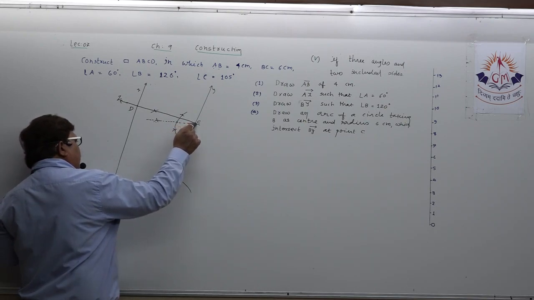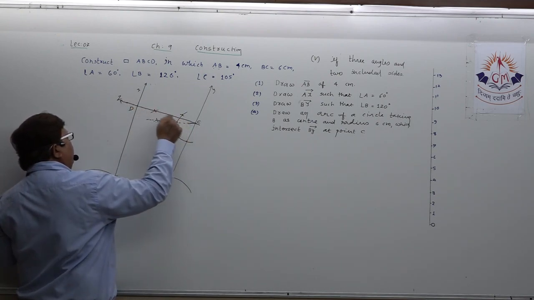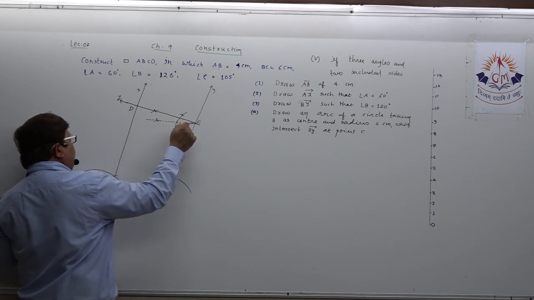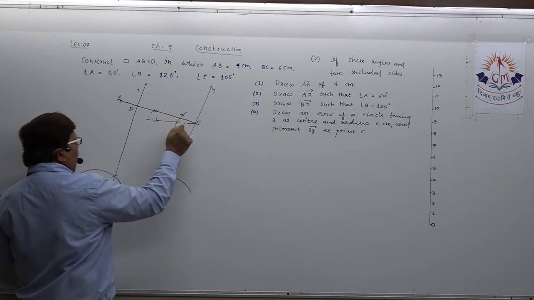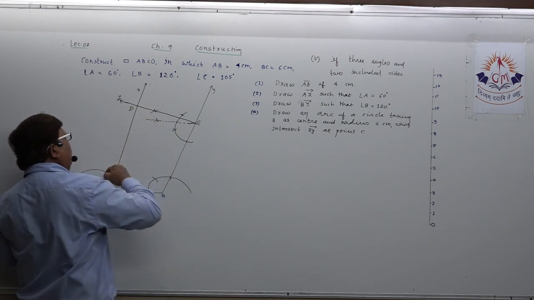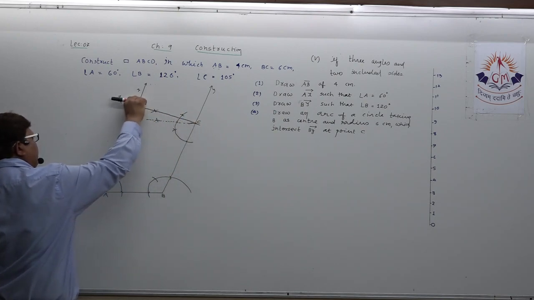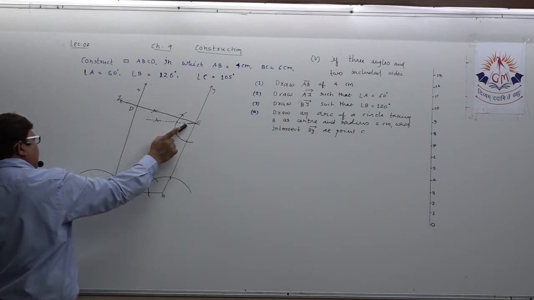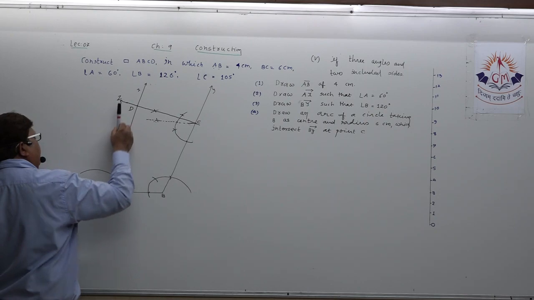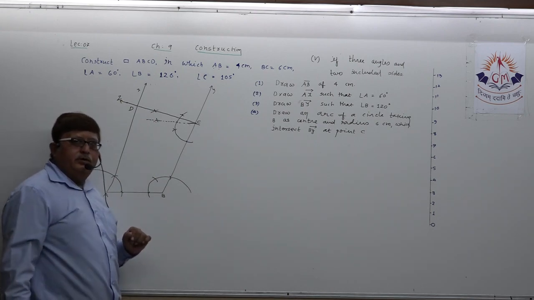You have drawn one ray here, ray CZ, to make angle C 105 degree. Not only that, but this ray CZ intersects ray AX. Can you see this? Ray CZ, to construct an angle of 105 degree here, intersects ray AX at this particular point D.